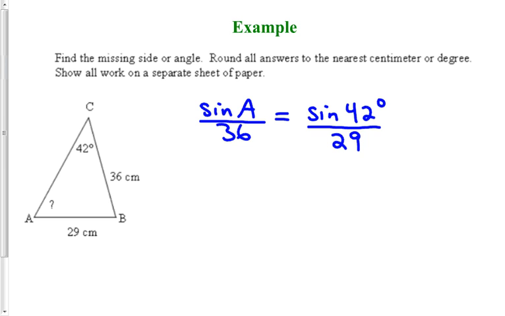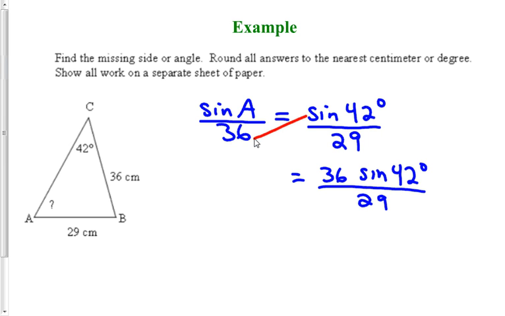All right? We solve a proportion by cross multiplying, but I'm not going to do both parts of the cross multiplication here. I'm going to multiply that together, 36 times the sine of 42 degrees divided by 29, and I'm not going to do the other part of the cross multiplication because just doing that part got me my sine of angle A by itself.